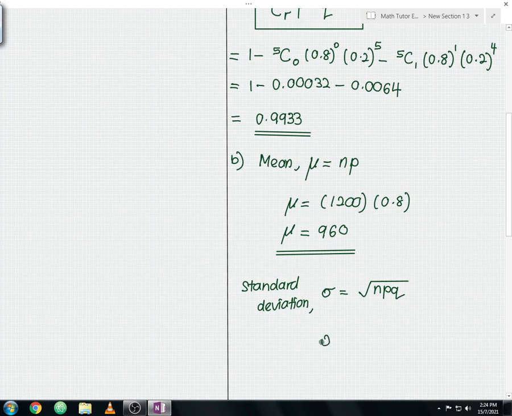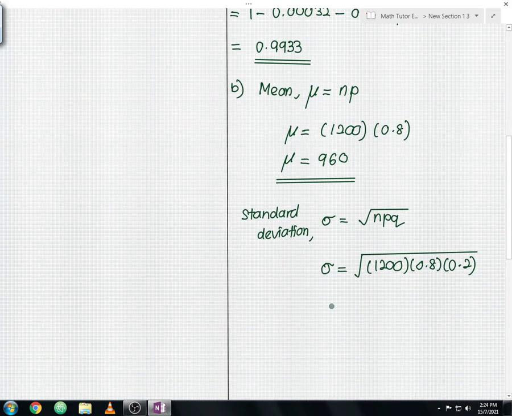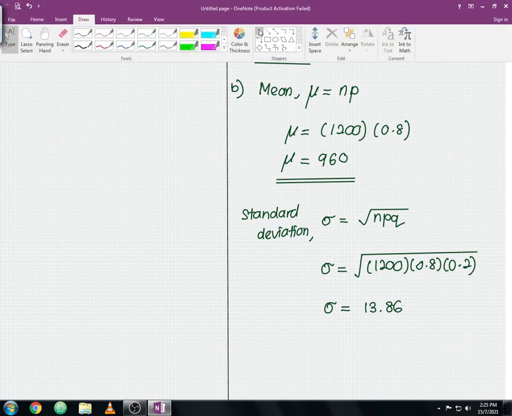So from here, sigma is equal to 1200 times 0.8 times 0.2. Okay, so you square root this. You calculate all of them, you should get your standard deviation equal to 13.86. Okay, so this is the second solution. Let me underline this.